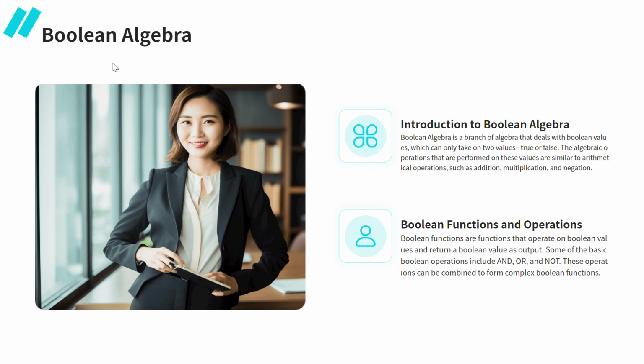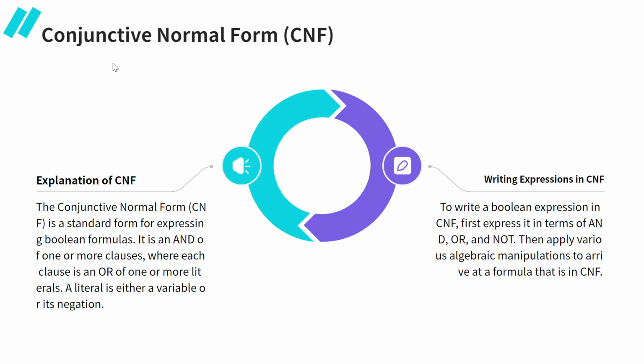Boolean functions and operations. Boolean functions are functions that operate on Boolean values and return a Boolean value as output. CNF, conjunctive normal form, is a standard normal form for expressing Boolean formulas.